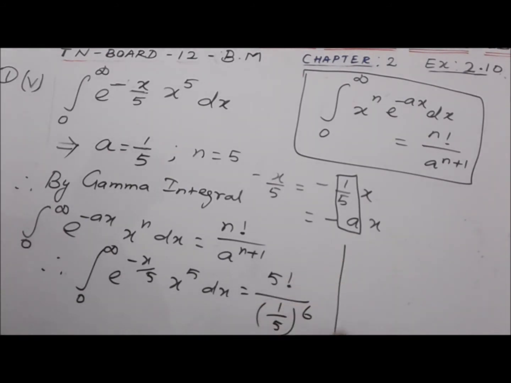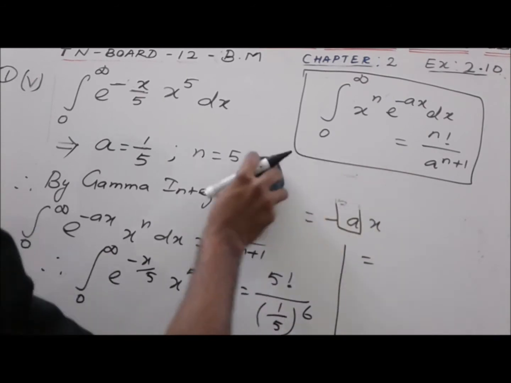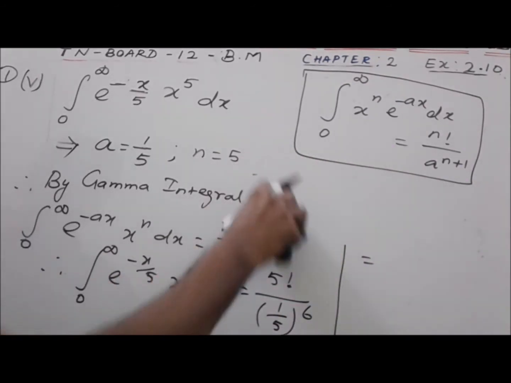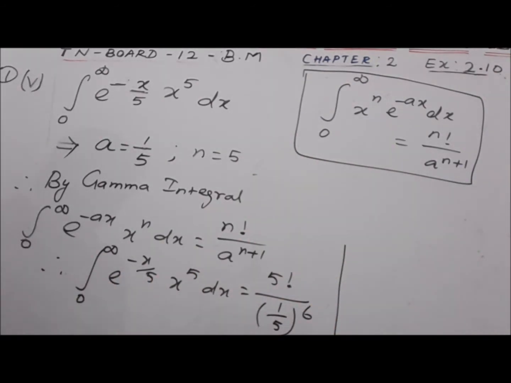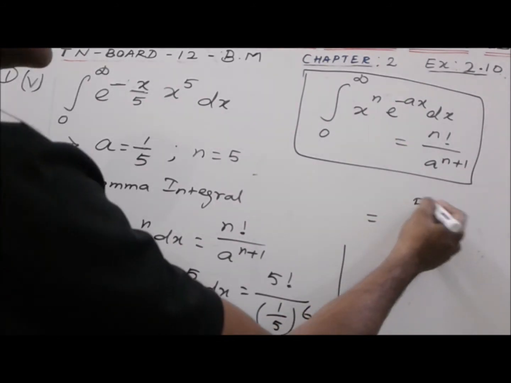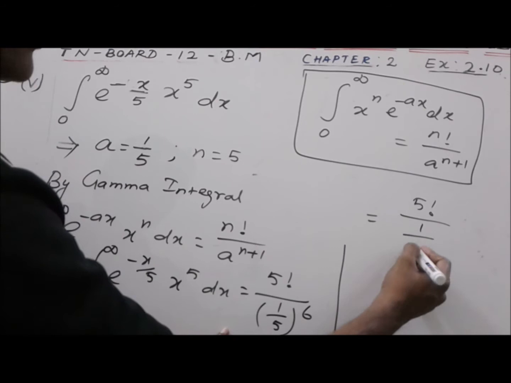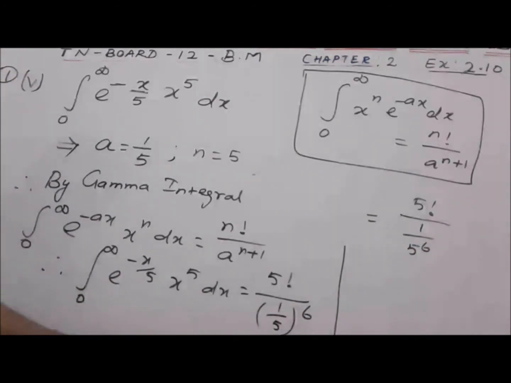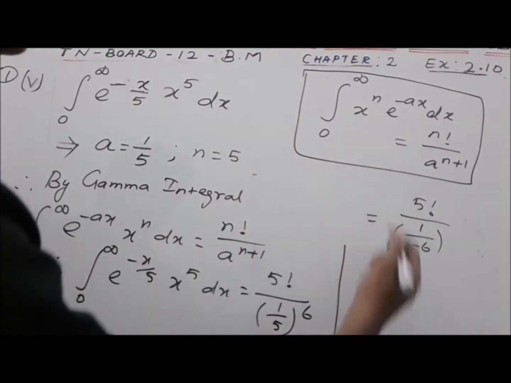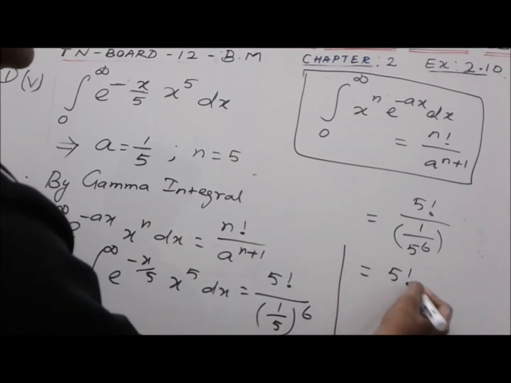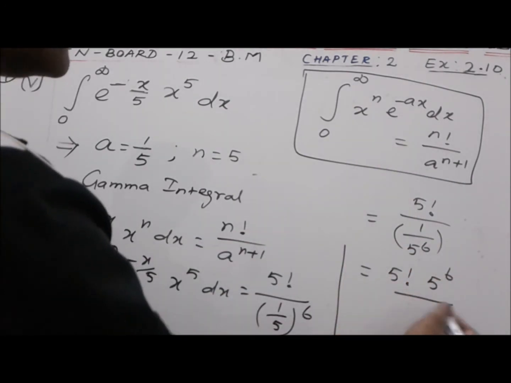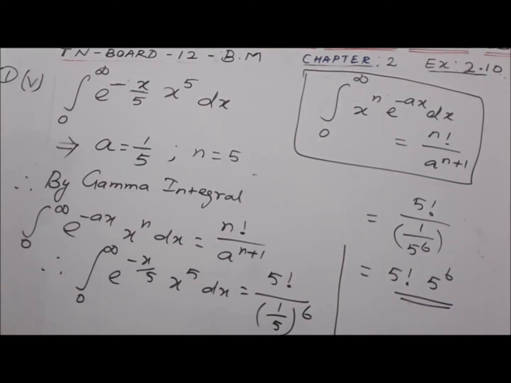Which is equal to 5 factorial divided by 1 by 5 power 6, that is 1 by 5 power 6. When we reciprocate, it will be equal to 5 factorial into 5 to the power 6.